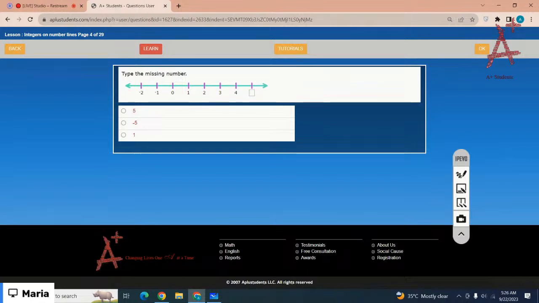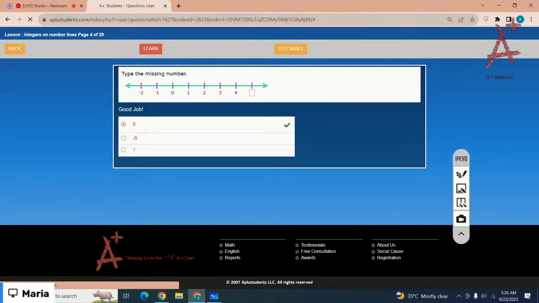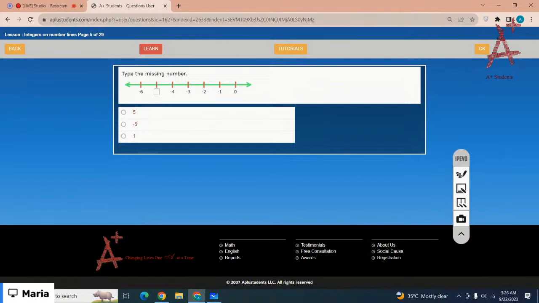Type the missing number. So which number is missing? The correct option is 5. Very good. Type the missing number.